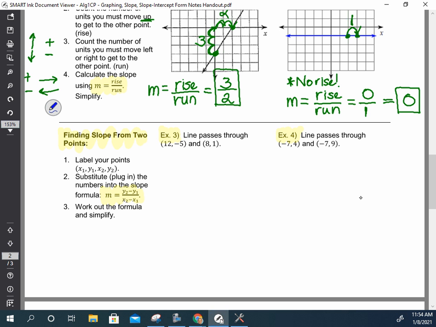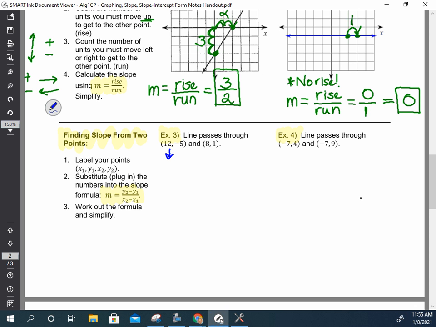I've already highlighted the parts that, again, need to be in your notes. So if I just give you 2 points, first thing is to label your points. X1, Y1, X2, Y2. So example 3, your line passes through 12, -5.